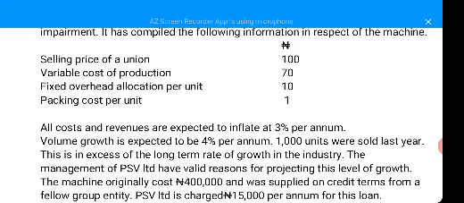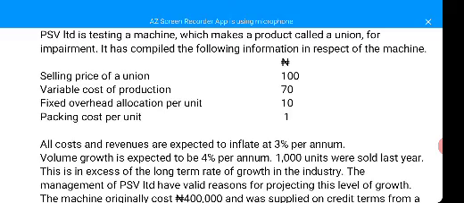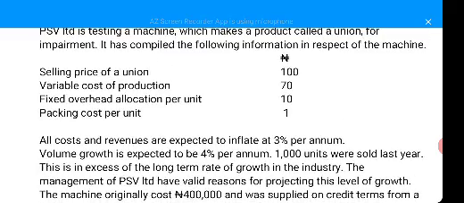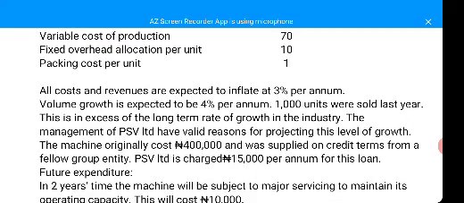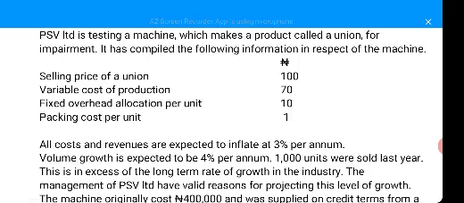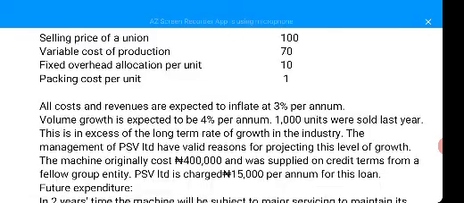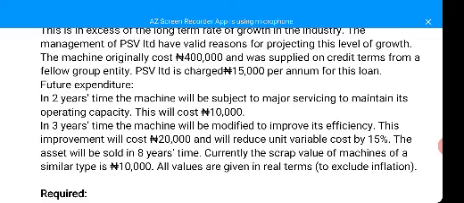Fixed overhead allocation per unit is not part of our value in use, because these expenses are not directly related to that machine, so it will be expensed in our P&L account. But packing cost per unit is part, because it is directly related to the product.